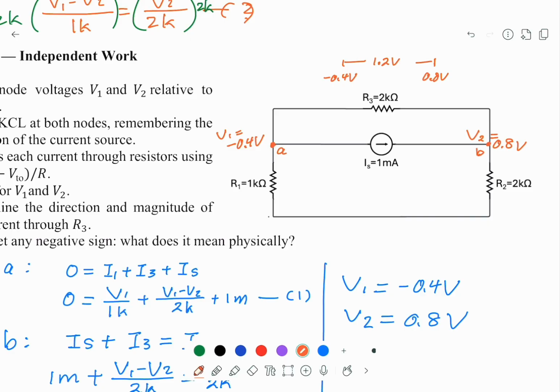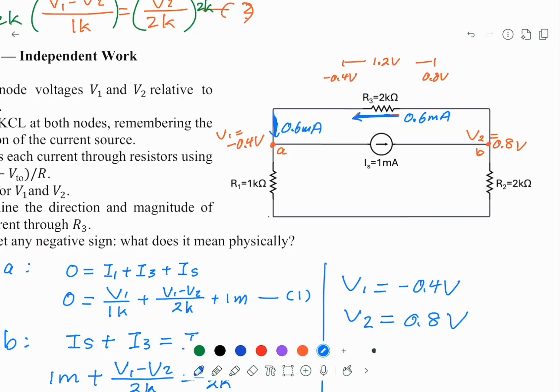So the current passing through R3 should point in this direction. So this is the real current, and this current should equal 1.2 divided by 2K. So this is equal to 0.6 milliamp.